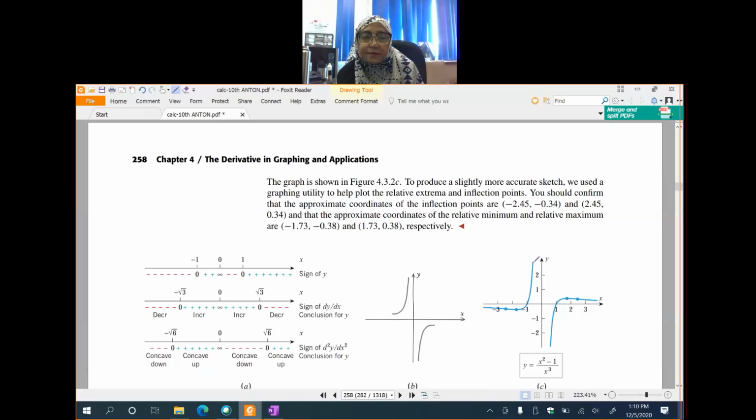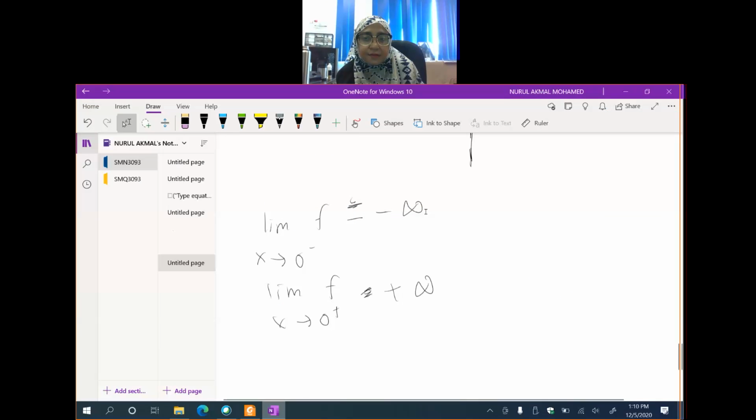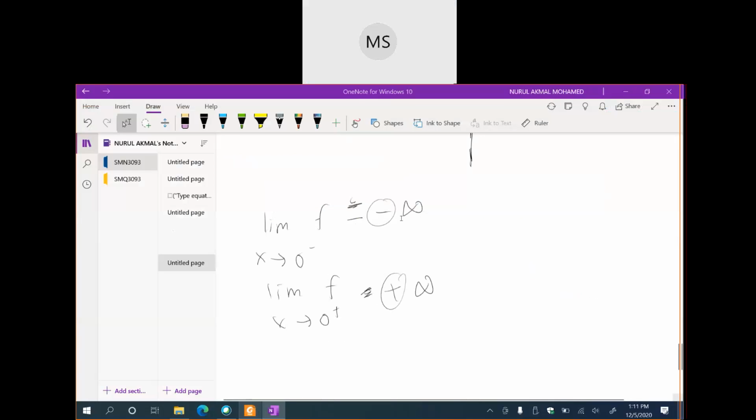It doesn't seem like that from the graph. Can you please check it again? It seems wrong here. Can you please check the sign for me? I don't think it is correct. This is 0 negative and this is 0 positive.